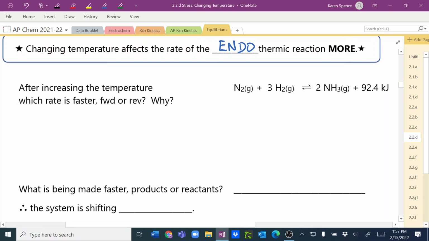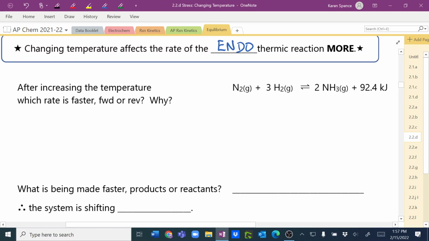If we increase temperature, both are faster, but the reverse is more faster. So therefore the reverse is faster than the forward.